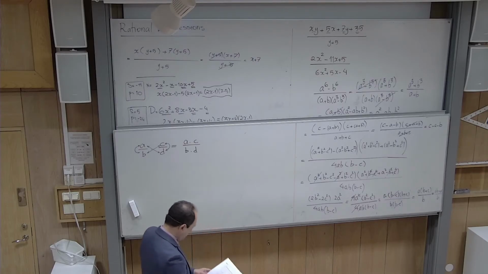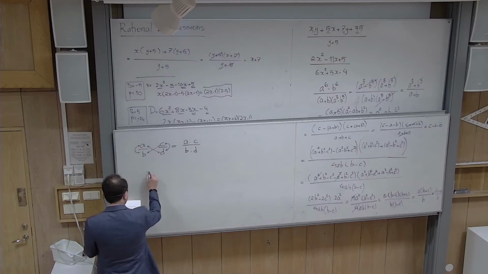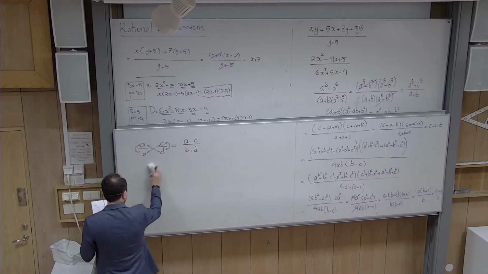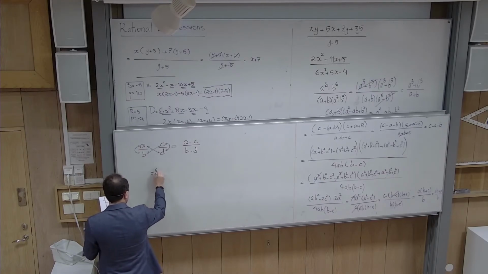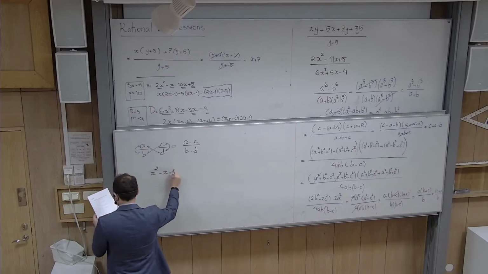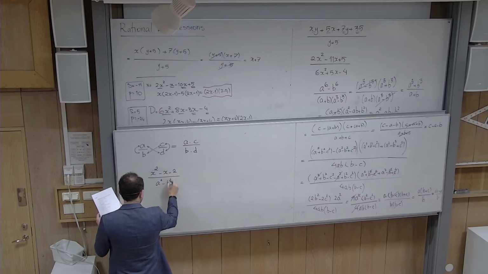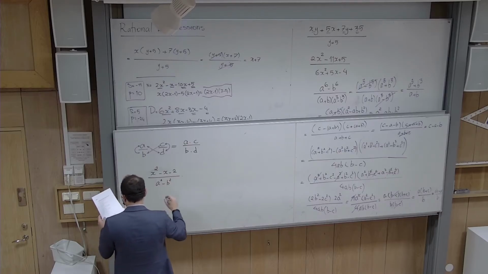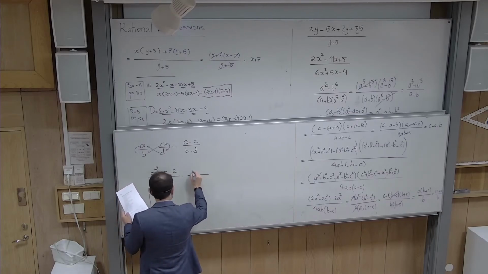Okay, for example, if I give you this x squared minus x minus 2 divided by x squared minus b squared, and you are supposed to multiply this by a squared plus ab divided by x minus 2.